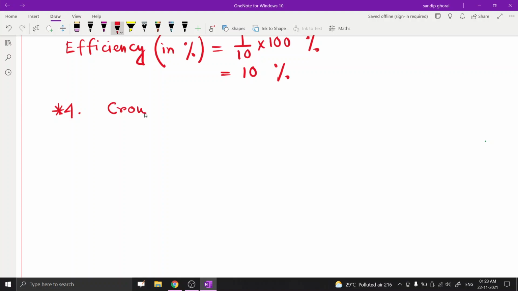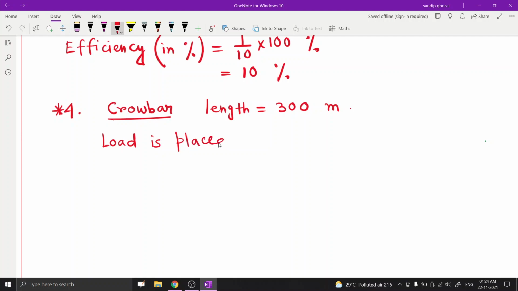Suppose we take a crowbar. Here the length of the crowbar is suppose 300 meter, and the load is placed from the fulcrum at a load distance equal to say 50 meter.